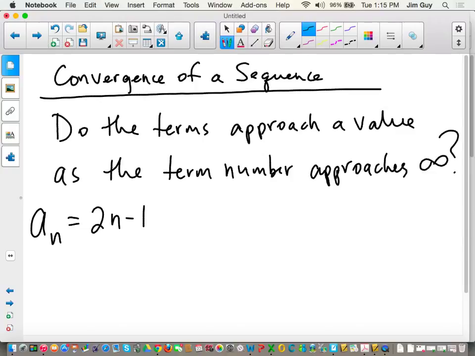Because when you start with n equals 1, you put 1 in for n, this is term number 1, and you get 1. And when you put in 2, term 2, you get 3, then 5, 7, 9, and so on.